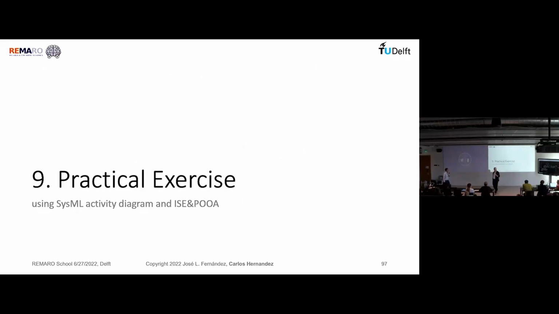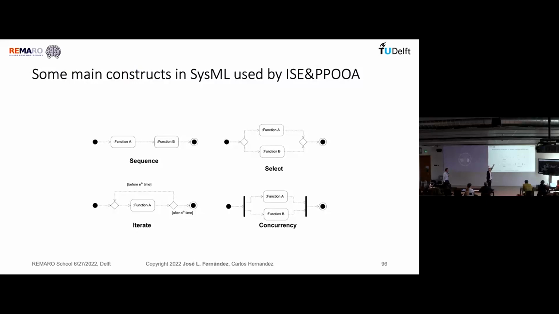Similar. So these are typical constructs we use as engineers to build what we call, in systems engineering, functional flow block diagrams. In traditional systems engineering, we use the concept of the functional flow block diagram. These are typical constructions we use, okay?